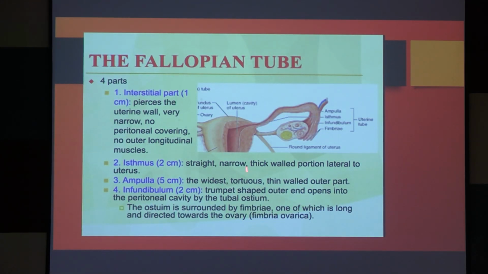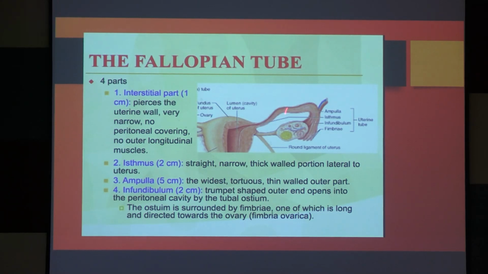We see here in the picture the cornu at the uterine cavity and the abdominal cavity. Interstitial is 1 centimeter, isthmus is 2 centimeter, ampulla from here to here is 5 centimeter, the most dilated portion, and infundibulum is 2 centimeter. It is often asked: we do the tubal ligation operation through where?